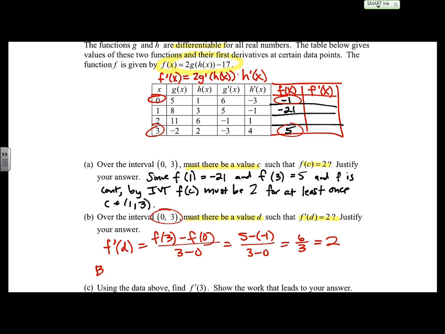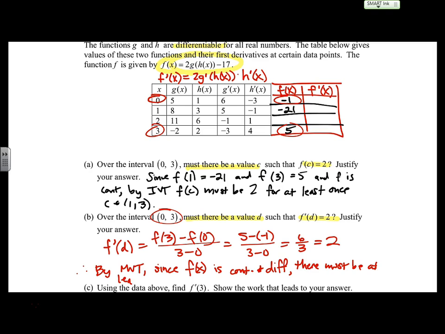So therefore I can say by MVT, since f of x is continuous and differentiable, there must be at least one value.